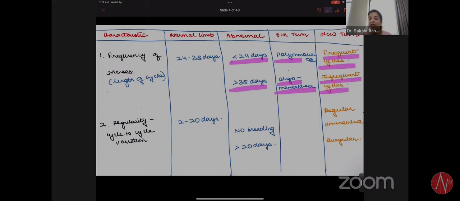Then now there is one term which is being used by our national government, and that is regularity, साइकिल्स रेगुलर है कि नहीं है, right? And साइकिल्स रेगुलर के लिए now they say कि साइकिल टू साइकिल वेरिएशन नॉर्मल इज 2 to 20 days.